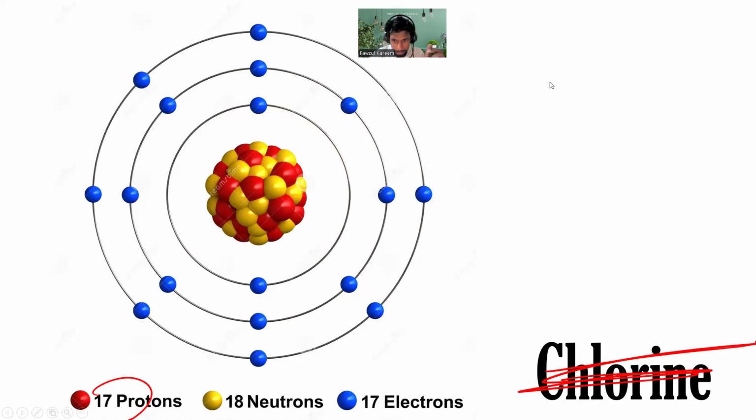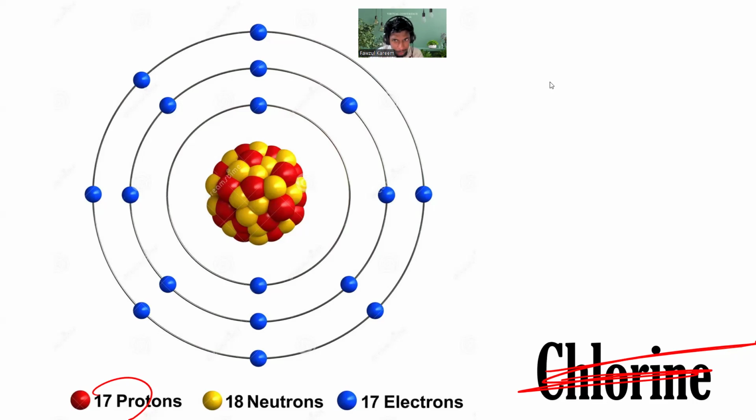Sir, how do we find out about neutrons? Each and every atom has a different number of neutrons. Sometimes the number of neutrons may be the same. Sometimes neutrons may be absent. So the number of neutrons is not a unique value.